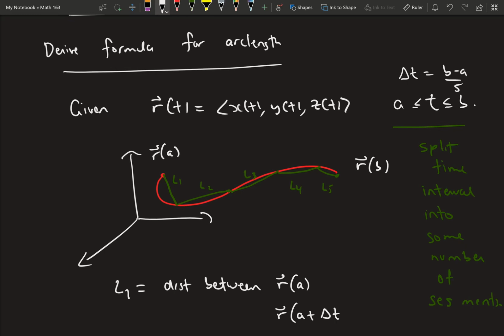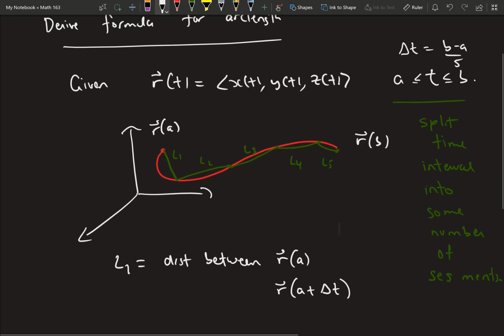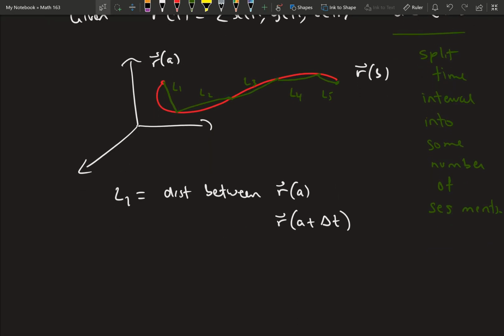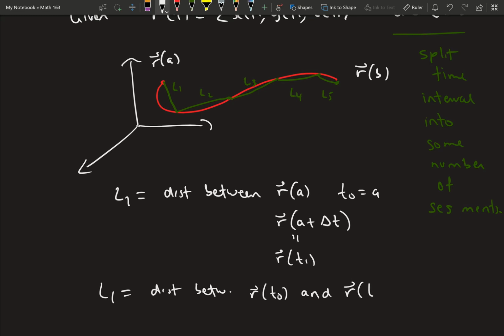Right, we're splitting it up into 5 segments here. So we've split up overall this time interval into 5 pieces. And for simplicity, let's call this r of t1, where t0 is a here, t1 is the next point. So essentially L1 is the distance between r of t0, which is a, and r of t1.